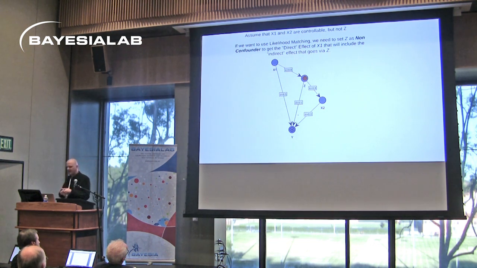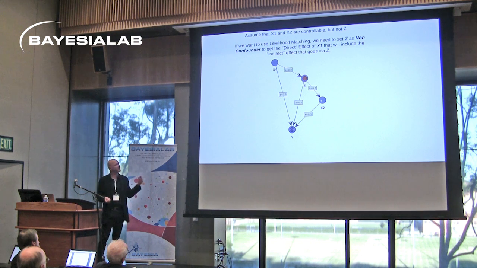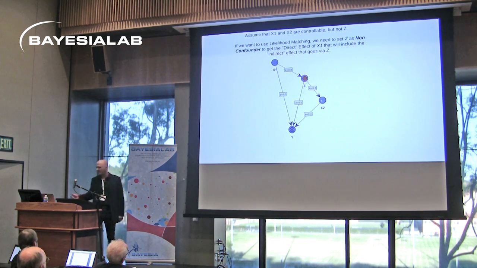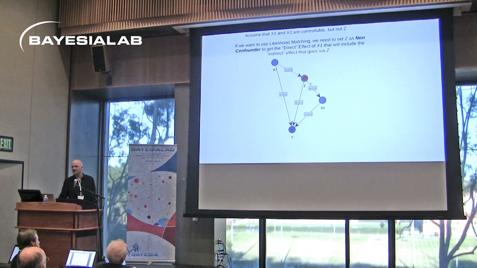But when you estimate, if you don't want to have the bias of controlling a descendant, you have to set x2 as a non-confounder, right? No, sorry. You need to set z as a non-confounder, right? And then you will have the path. But as you have to control for x2, if you just want the direct effect of x1, you will bias because you will control the descendant of one of the nodes on the path.